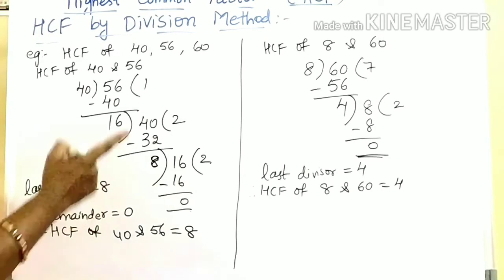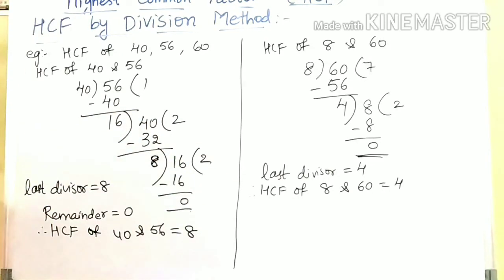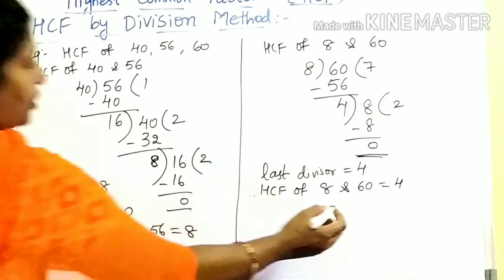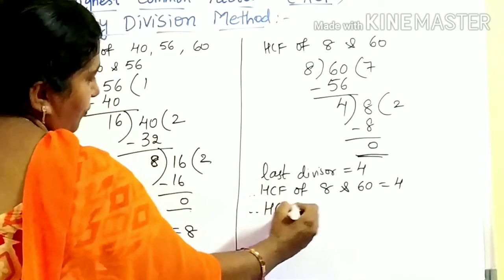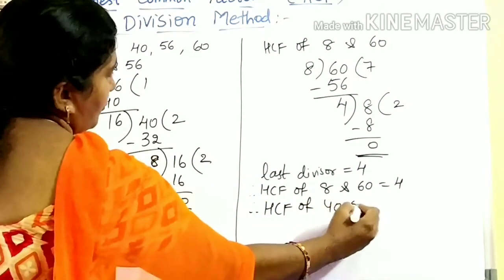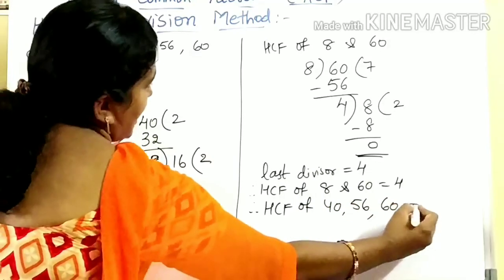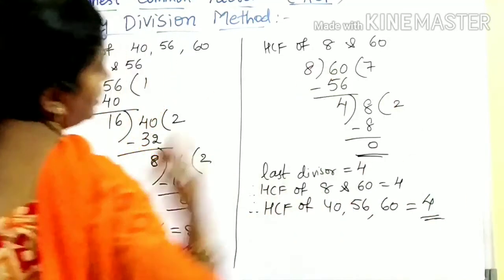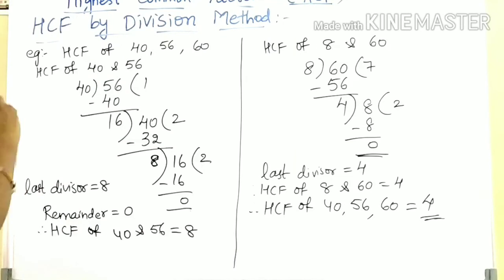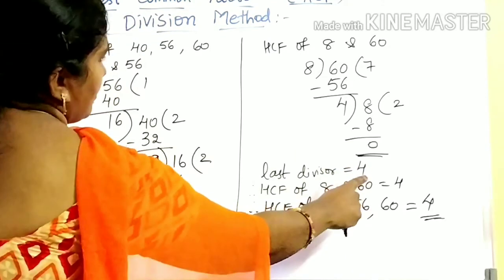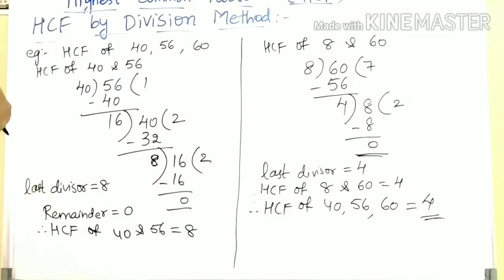This number 4 is the HCF of the given 3 numbers. Therefore, the HCF of 40, 56 and 60 is nothing but 4. This is how you can find it. You can find the HCF of 4 numbers also by taking this HCF and the fourth number, using the same method.